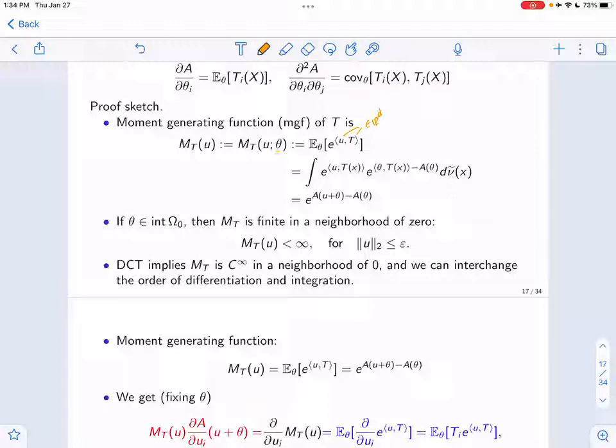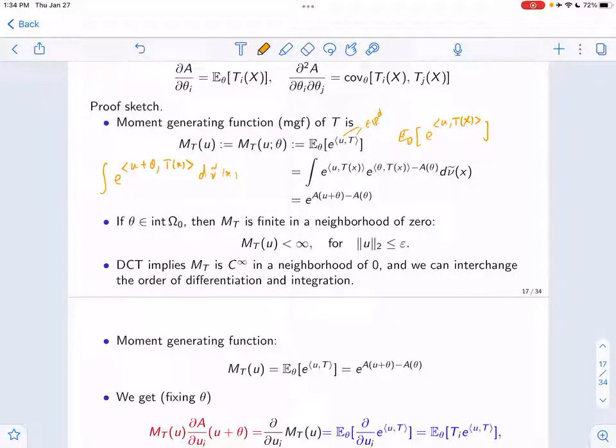So if you write this down, this is basically the expectation of e to the u transpose T of x, and I know the density of x, so I can integrate this against the density of x, relative to the underlying measure. And so this part, e to the negative A theta, comes out. What I need to compute is this integral, e to the u plus theta transpose T of x, d nu tilde of x.